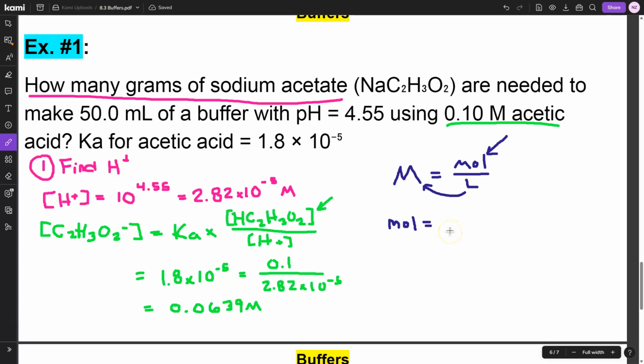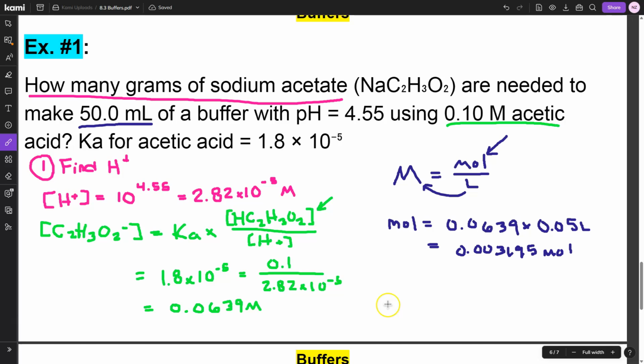So my molarity is 0.0639, and we're going to multiply that by the volume. We want to make 50 milliliters, so we need to convert that to liters, 0.05 liters. Okay, so here, if I multiply, this would be 0.003195 moles.